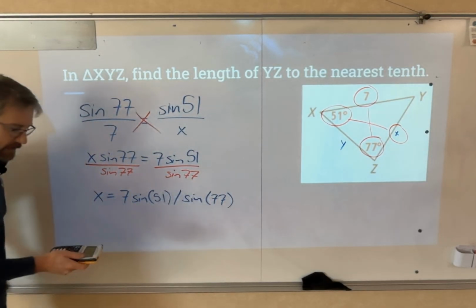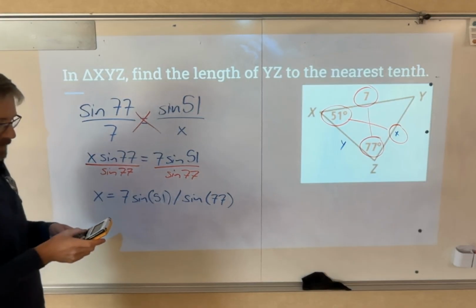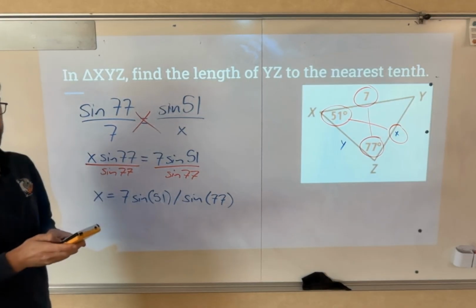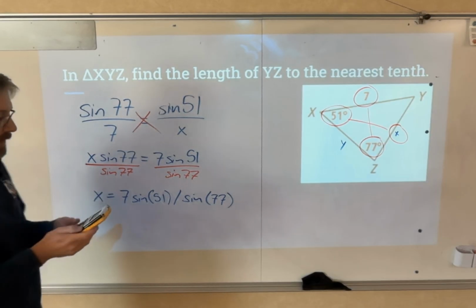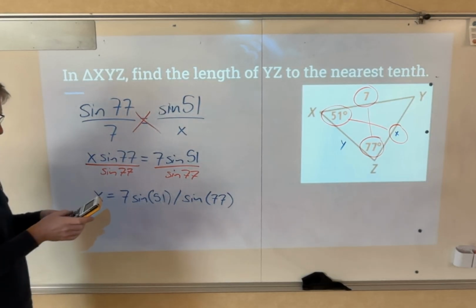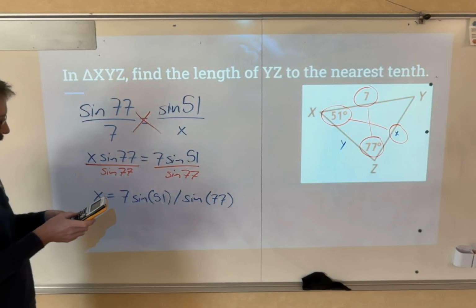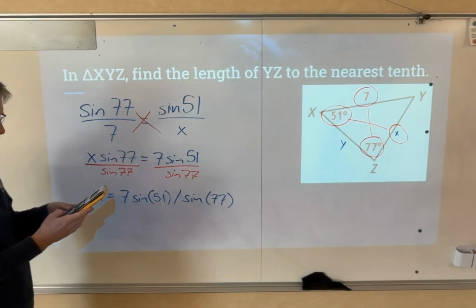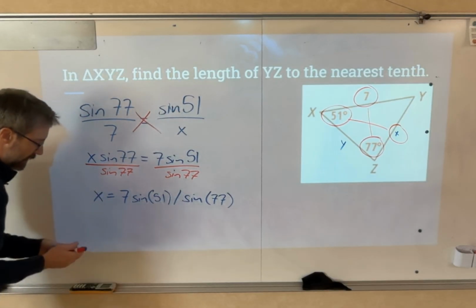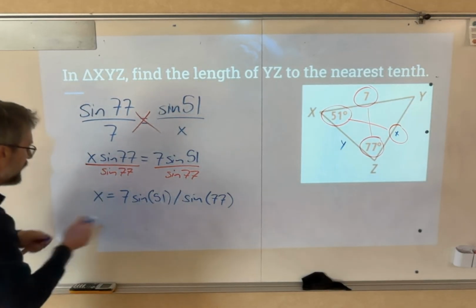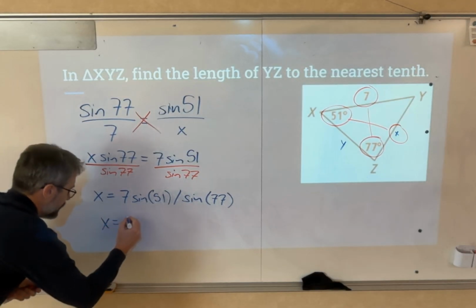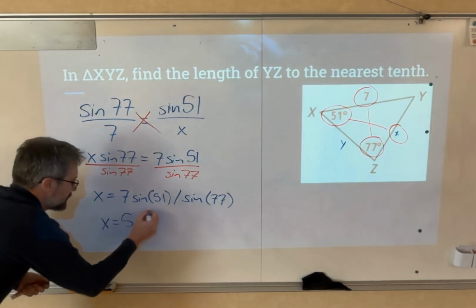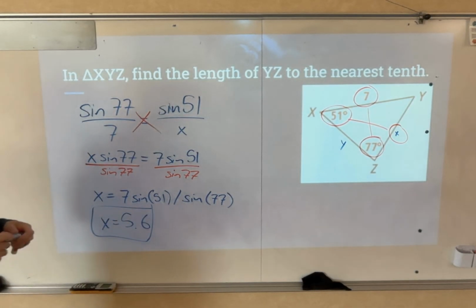Now when I plug all that in, and I'm double checking that I'm in degree mode, this is actually the second time I'm recording this video because I got all the way to the end before I checked that I was in degree mode. So if that ever happens to you, don't worry. Don't feel too bad. It happens to your math teachers sometimes too. All right, and if I plug all that in, I get to the nearest tenth that this is going to be 5.6 for my side length.